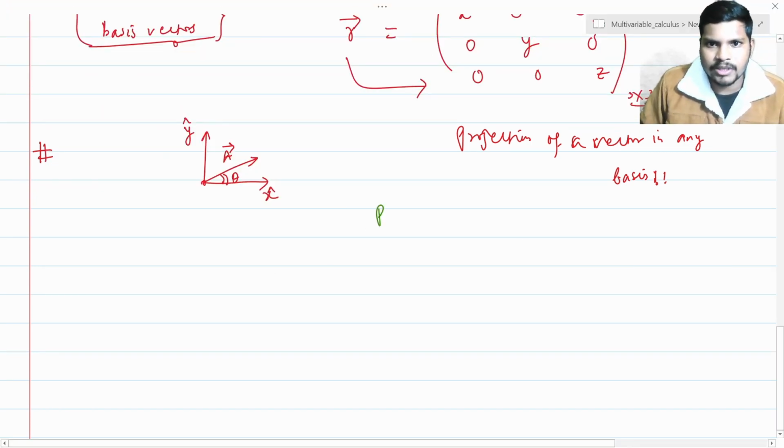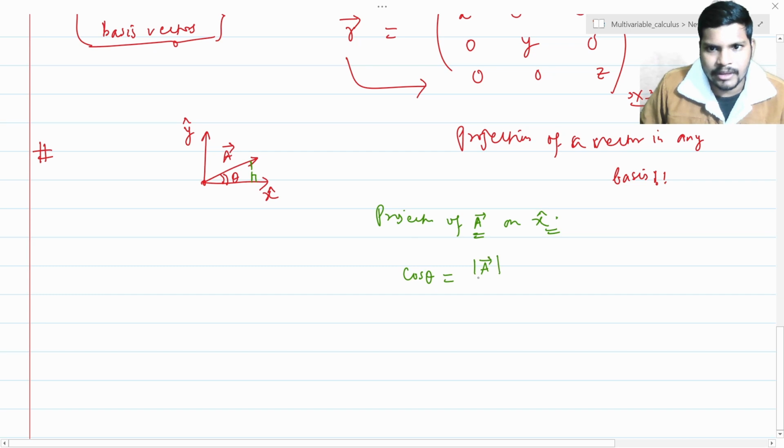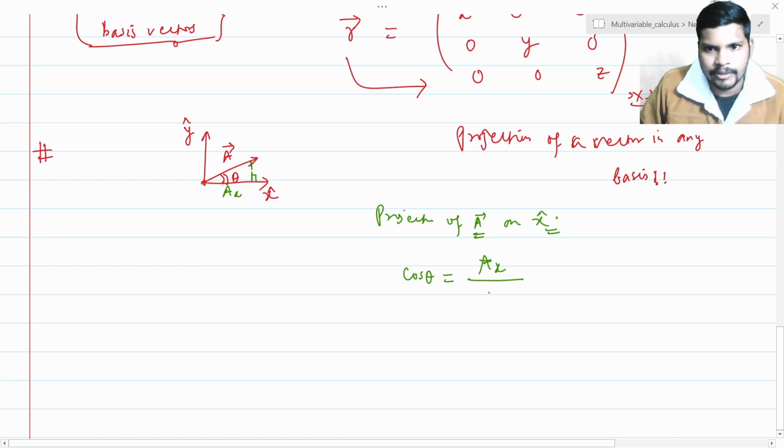So when we say the projection of a on x hat, how can we find it? We can just take a perpendicular distance from here, which would be parallel to y hat. So I can consider cos theta is going to be, let us say this is ax, so this is your ax quantity, and the length of this vector would be this.